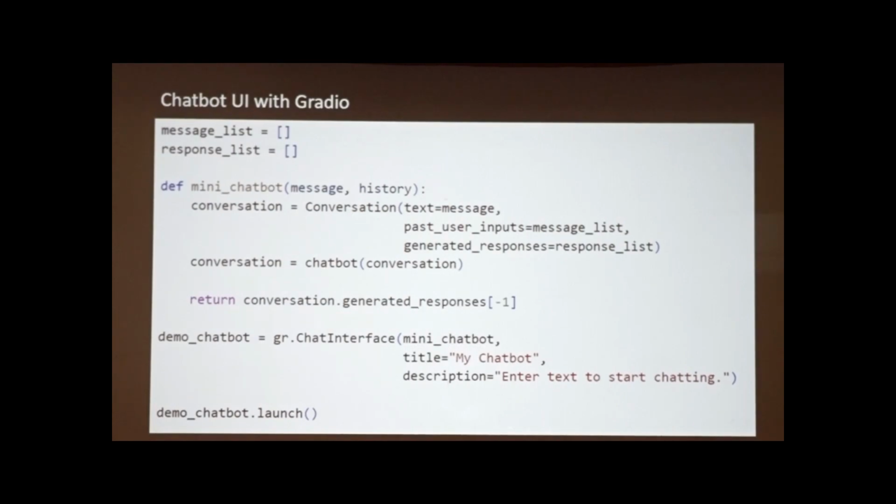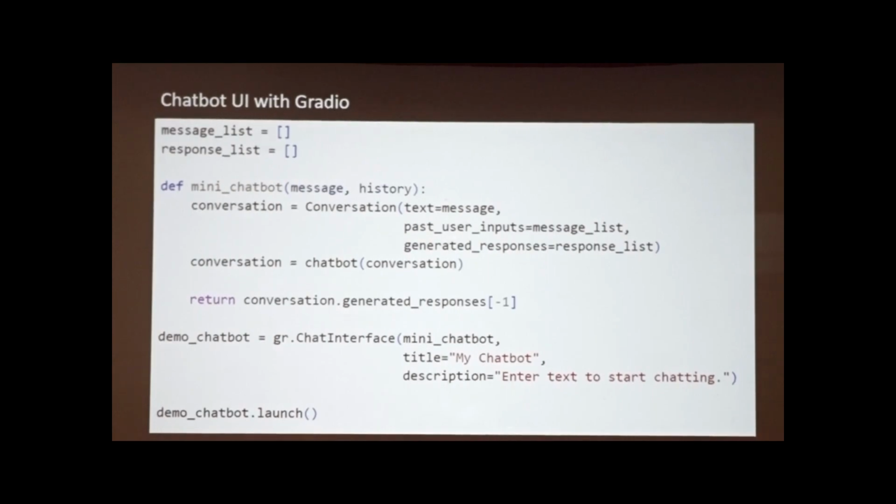Okay, text equal to message. This is a message. The input message will be passed to the Conversation class with the parameter text equal to message, and this updated message list will be given to the second parameter called past_user_inputs. There are three parameters in the Conversation class that I need to specify.